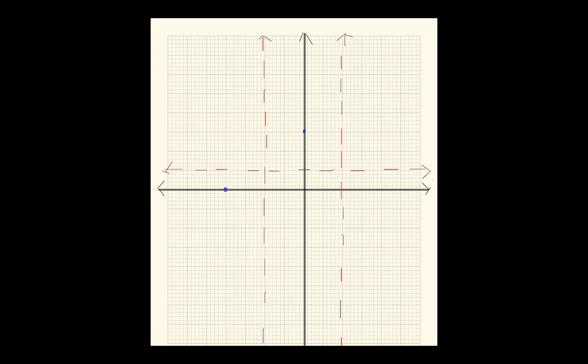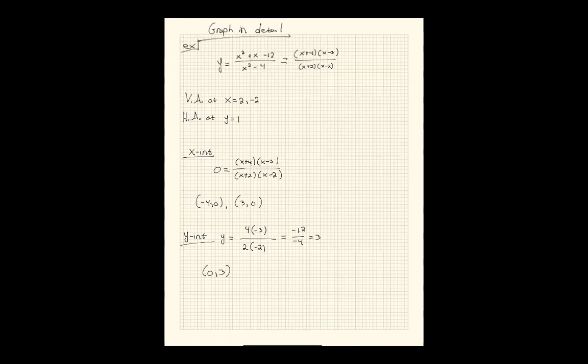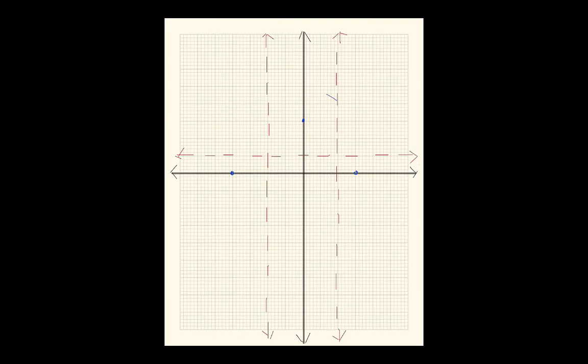And then also at 3, 0, I believe we said, right? -4, 0, and 3, 0. Good. Okay, so let's go ahead and plug this into our calculator now.